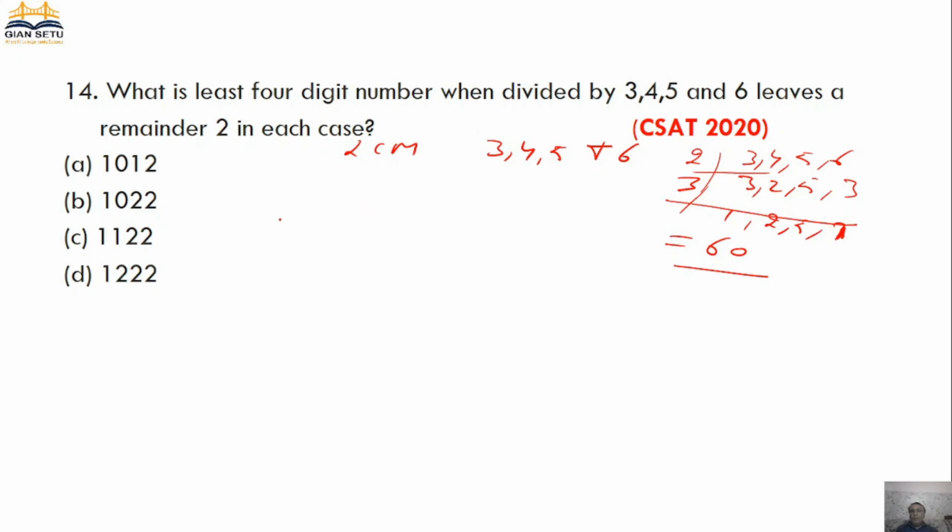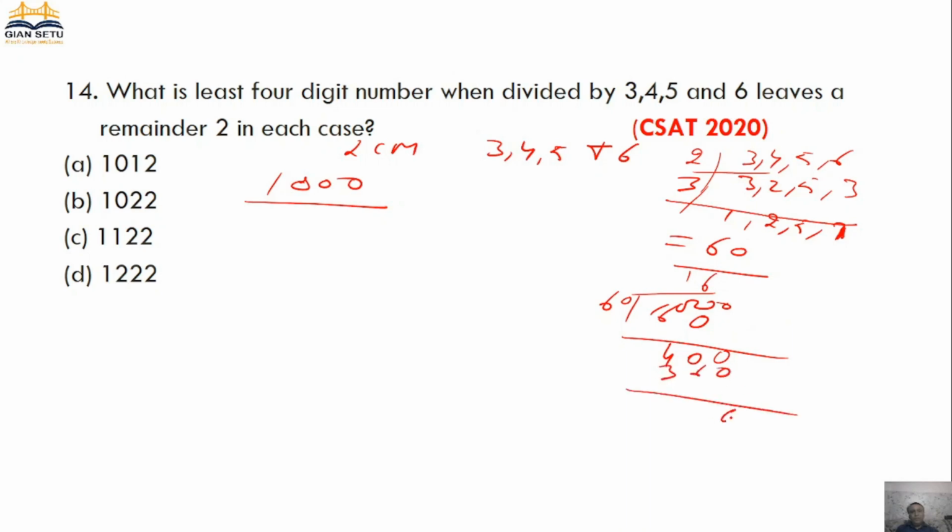Right. Now the least 4-digit number is 1000, and when we divide 1000 by 60, okay, we get 40 as remainder, right?